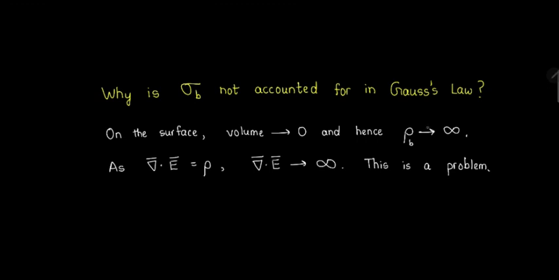Numerator is some finite value, some surface charge is there, but volume is zero, so this will tend to infinity. And if rho b tends to infinity, I know my rho is epsilon naught times divergence of E, and rho is nothing but rho f plus rho b. If rho b is going to infinity, divergence of E will go to infinity, and that is a problem. Because it is a problem, we are not directly taking sigma b into consideration.